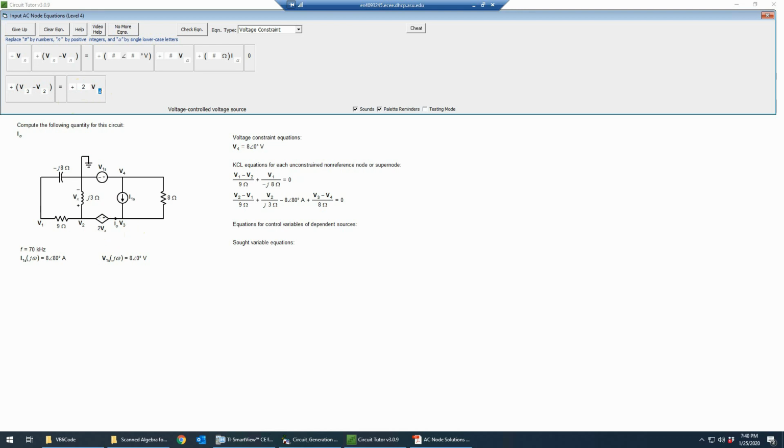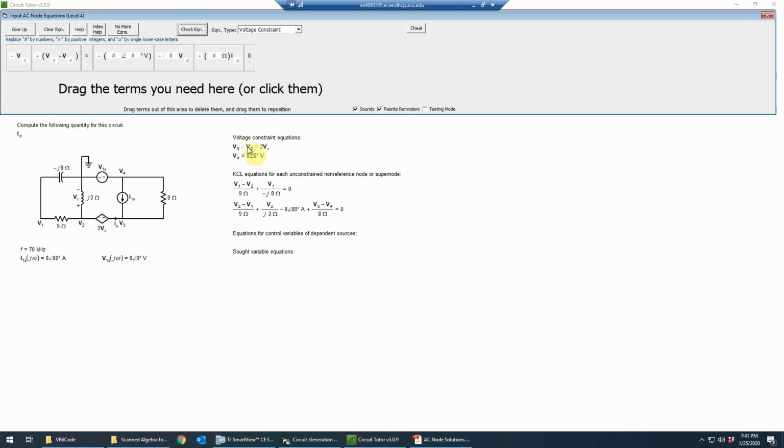So again, we're always paying attention to the polarity, so that we have V3 minus V2 and not V2 minus V3 and not putting a minus sign here. Okay, so we'll check that. And that is correct for the second voltage constraint equation.